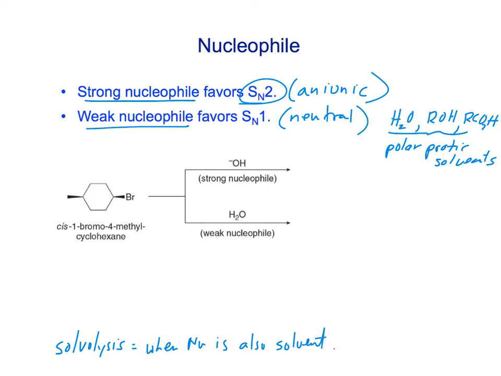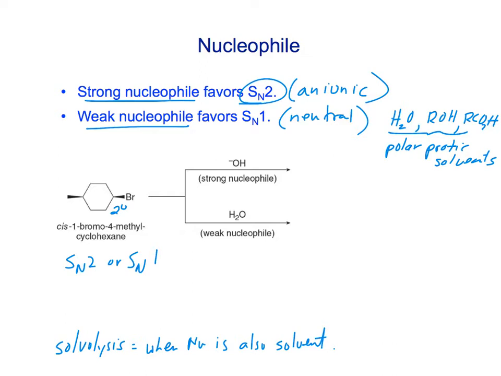And we see this most often in SN1 reactions. So let's look at the reaction we have here and the two different conditions. Notice in our reactant, we have a secondary alkyl halide, so this tells us that this could go either SN2 or SN1. So the next thing we have to look at are the conditions, are the nucleophile.